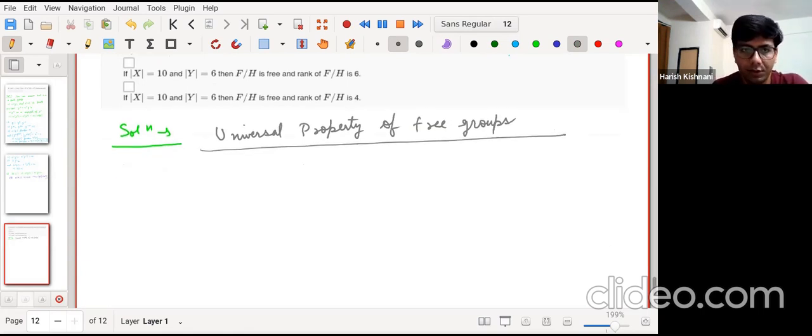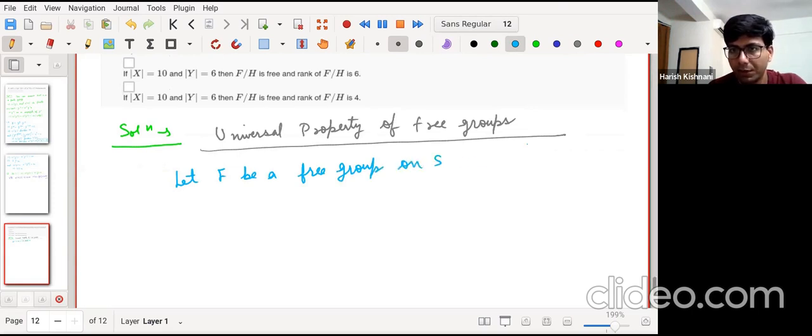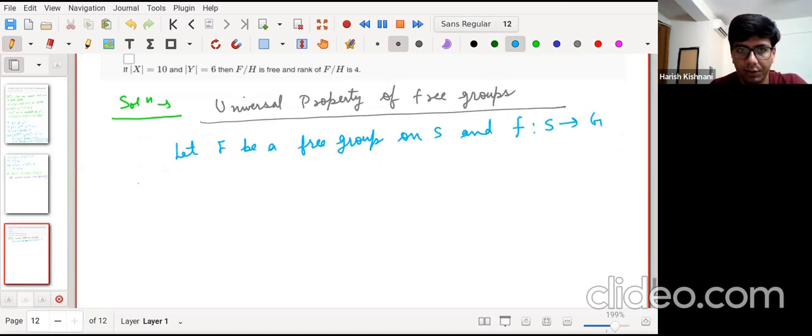It says let F be a free group on S, and small f is a function from S to G, where G is also some group.